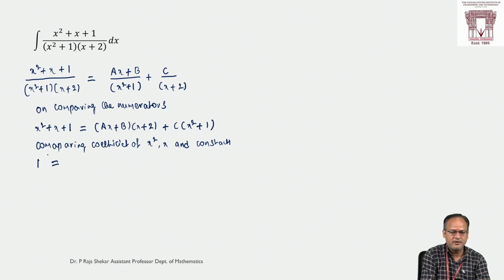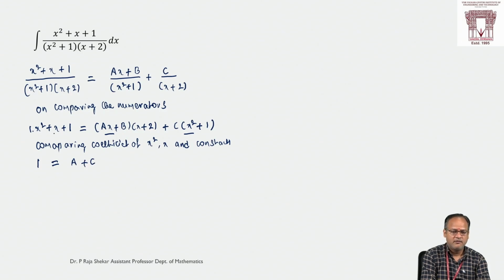What do we have? The x square coefficient is 1 on the left hand side. On the right hand side, upon multiplying ax to x, it is a, and c to x square is also c, so a plus c.